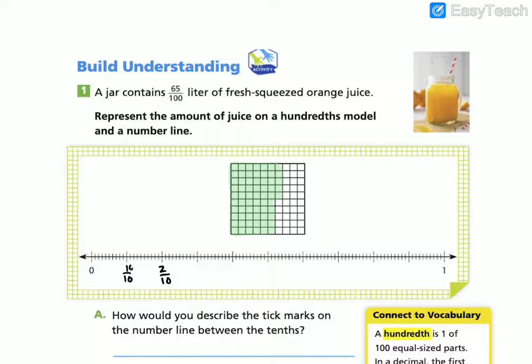So we want to think about this as 10 hundredths, 20 hundredths. Okay. So we are trying to get to our 60 hundredths. Once we've located our 60 hundredths, then we can find our 65. So 61, 62, 63, 64, 65 hundredths.